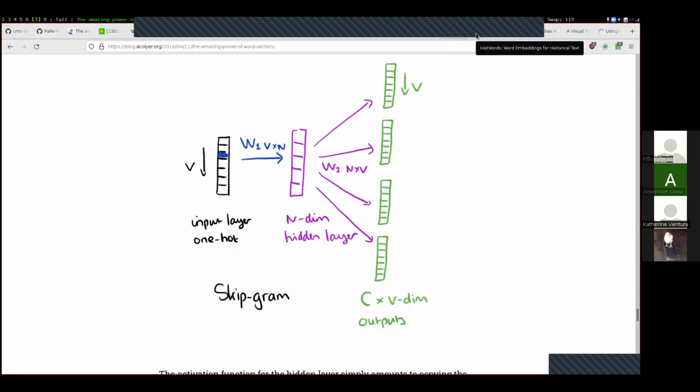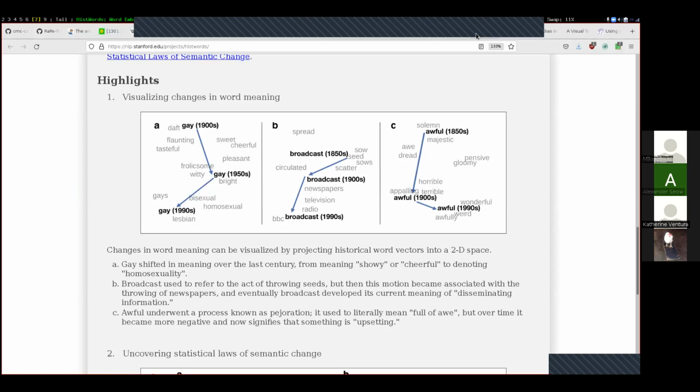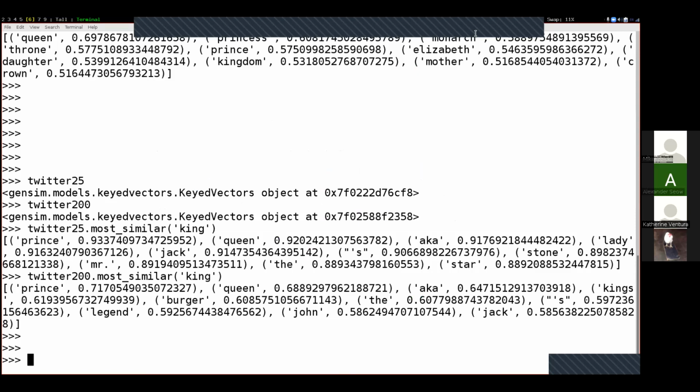And that's okay. So another cool application of word vectors: a lot of humanities people have been getting really into word vectors recently. One of the reasons is that the vectors you get as output are very different depending on what input data you train on.